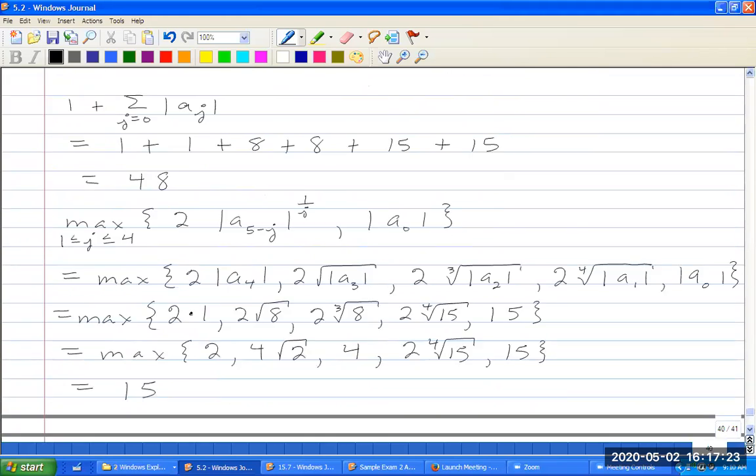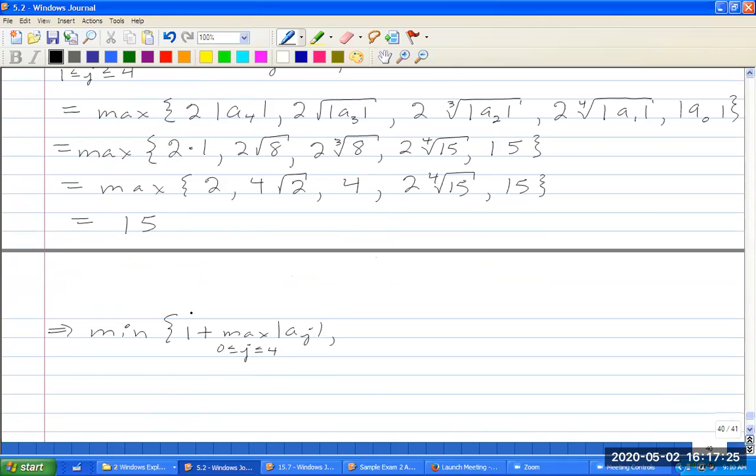Okay, so the first thing we calculated, 1 plus the sum, j equaling 0 to 4, of a sub j. So it's just the things we added up.